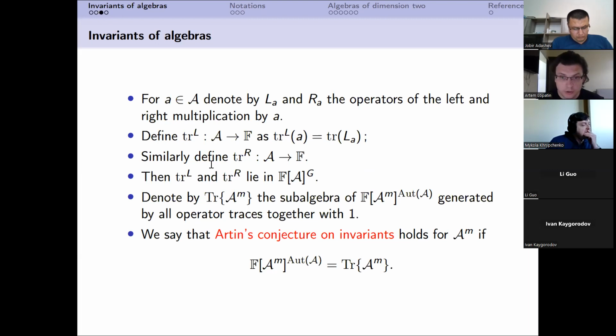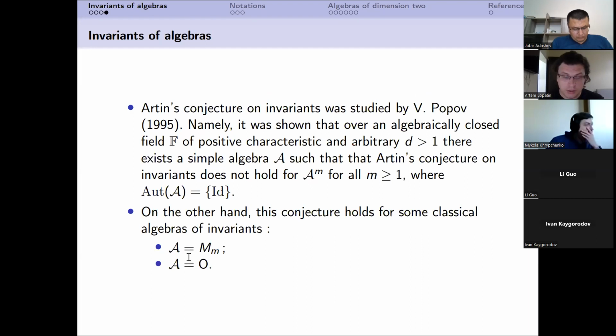And then Iltyakov and Popov, they started to consider non-associative algebras. For example, they considered the algebra of octonions, and so the group of automorphisms is an exceptional simple algebraic group of type G2.